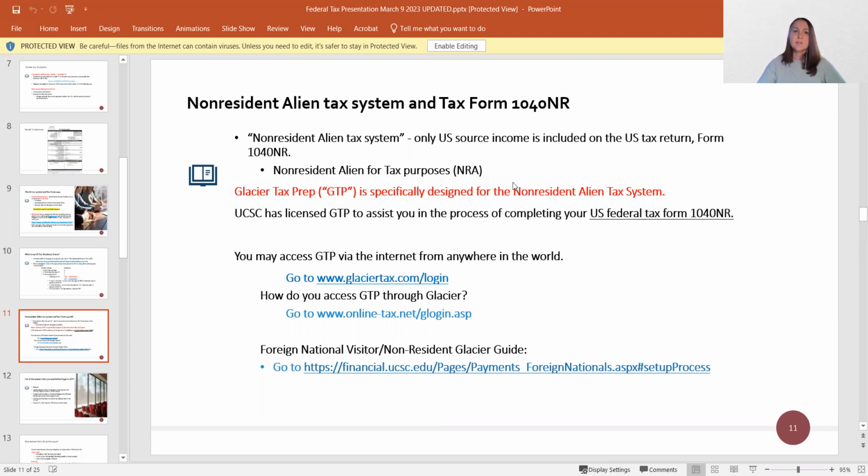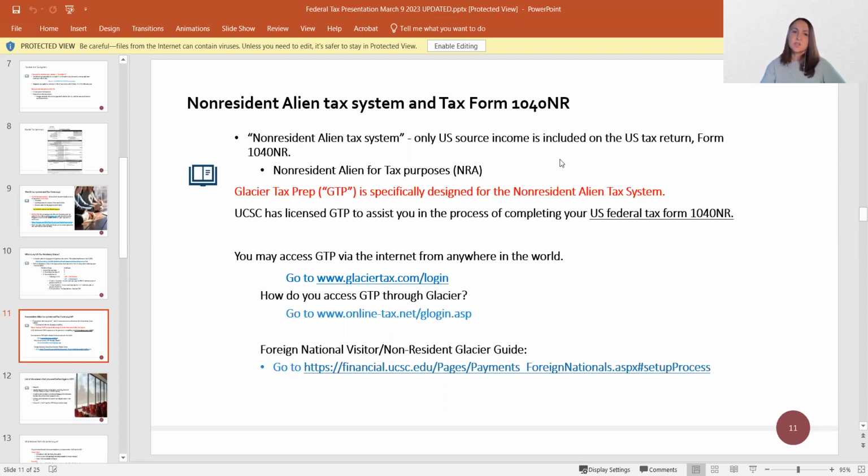And Glacier Tax Prep is specifically designed for non-resident alien tax, because your home country, the date you arrived here, and all the days you left the US for some reason all have an impact on your resident status and on your taxation.